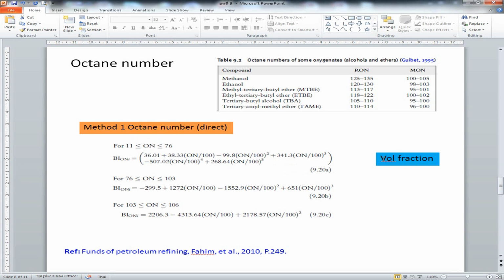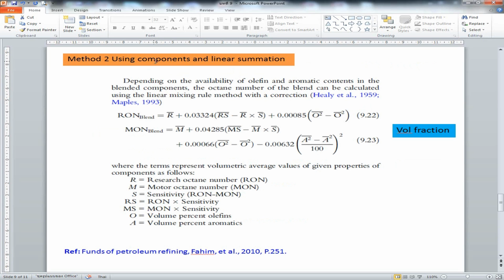The other type of method uses the components. Now we don't have the blending index, but just use the linear summation right after. So what the difference here is that information like how much olefin and aromatics are present in the mix of these products is required.